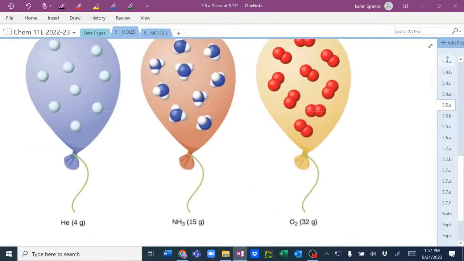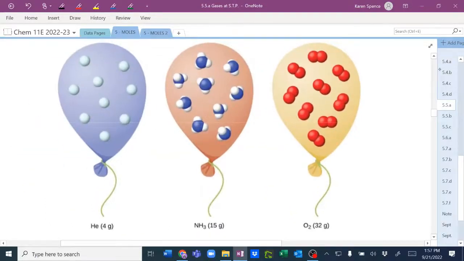And so here's my little balloon. If you have a helium balloon, it's going to weigh 4 grams if it contains 1 mole of gas. If you have 1 mole of NH3, do you guys know the name of NH3? Ammonia, yes. It is ammonia, not ammonium.